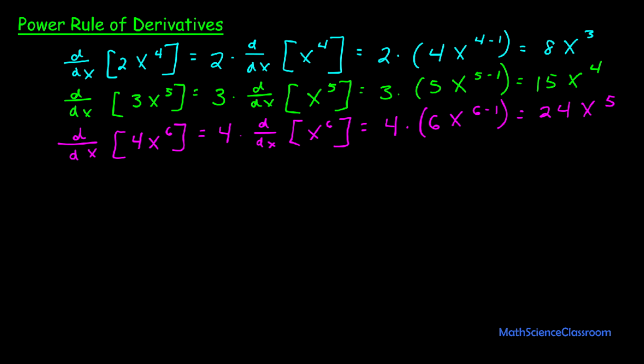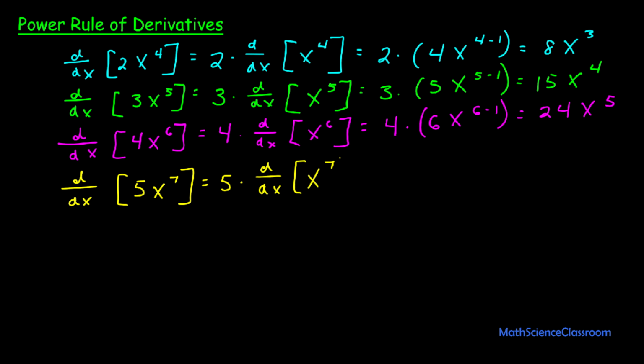Let's try another. d/dx of 5x to the seventh. What's the next step? The next step is to isolate the constant. So equals 5 times d/dx of x to the seventh.